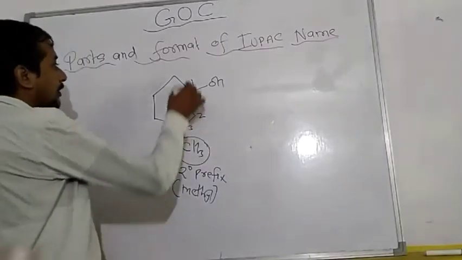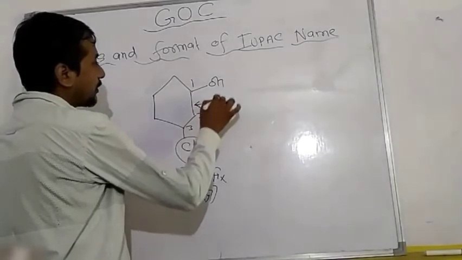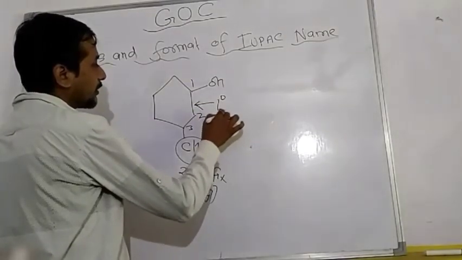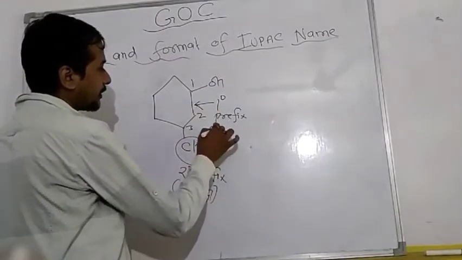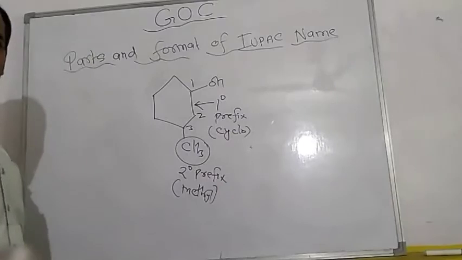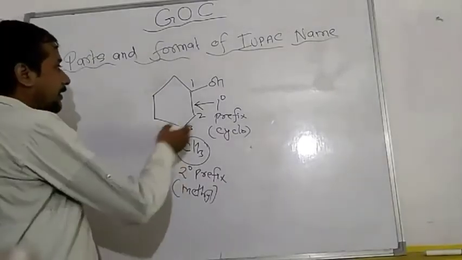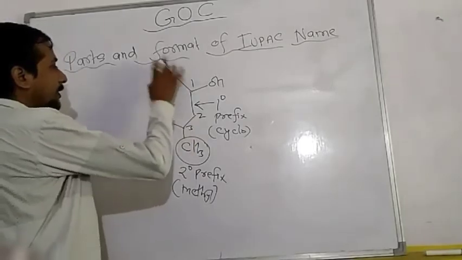Now a ring is given, so this ring denotes the primary prefix, and the name of this prefix is cyclo. Now look at here, how many carbons does this ring contain? 1, 2, 3, 4, 5, 6 carbons.